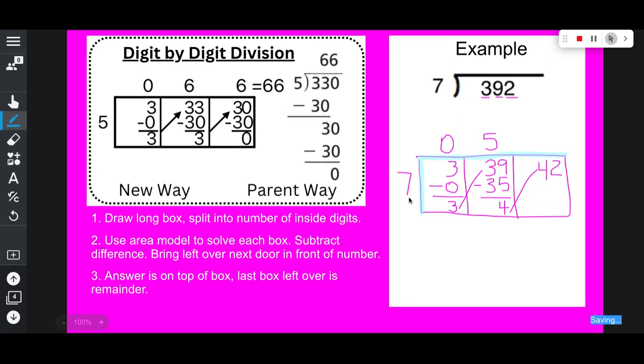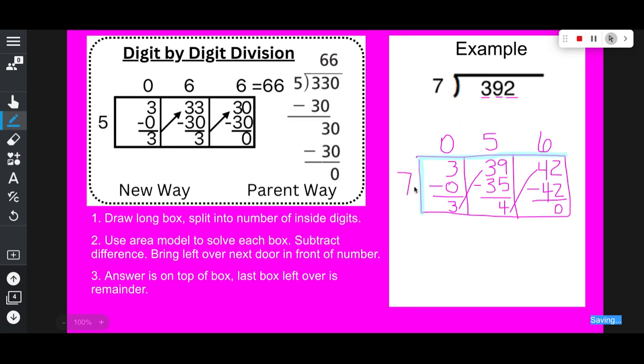And now we're going to repeat that process again and find out how many 7s go into 42. 7 goes into 42 6 times. Then I McDonald's, multiply. 6 times 7 is 42. I sell, subtract. I get 0.